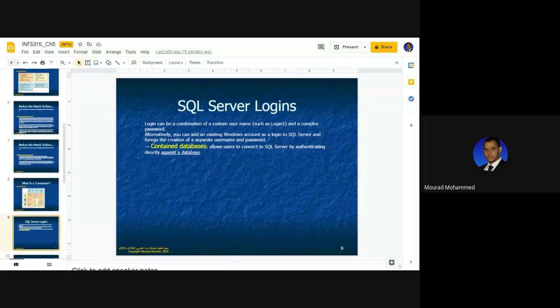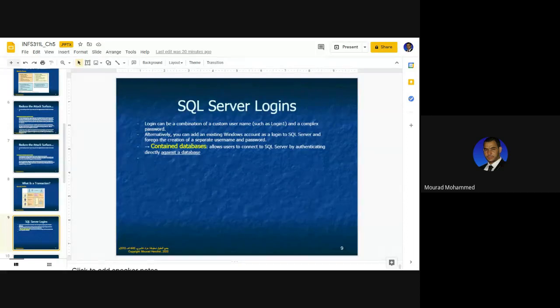Logins do not mean that you are going to access all the databases. Logins here do not mean that they have the chance to access the database objects, which are the databases, sorry, the database management system databases. No, it means only being connected. That's it.